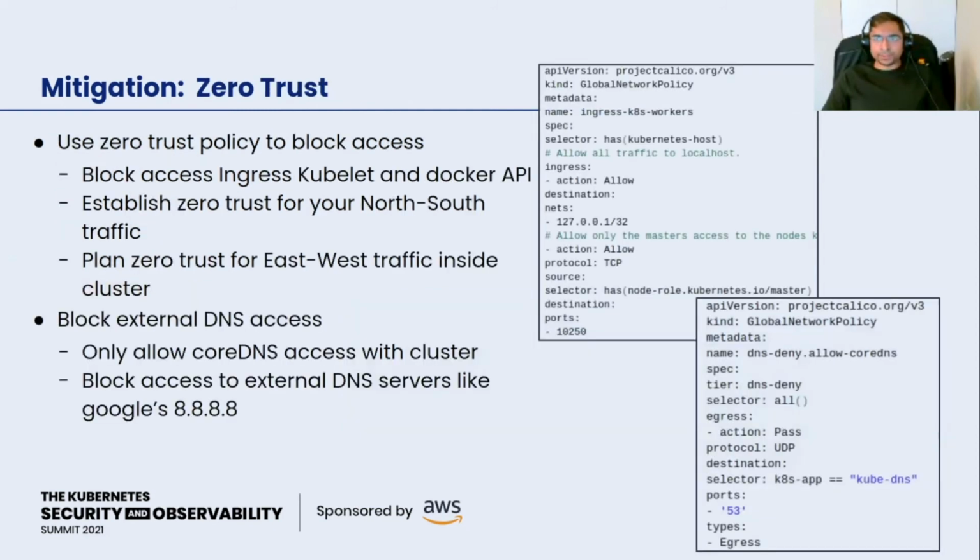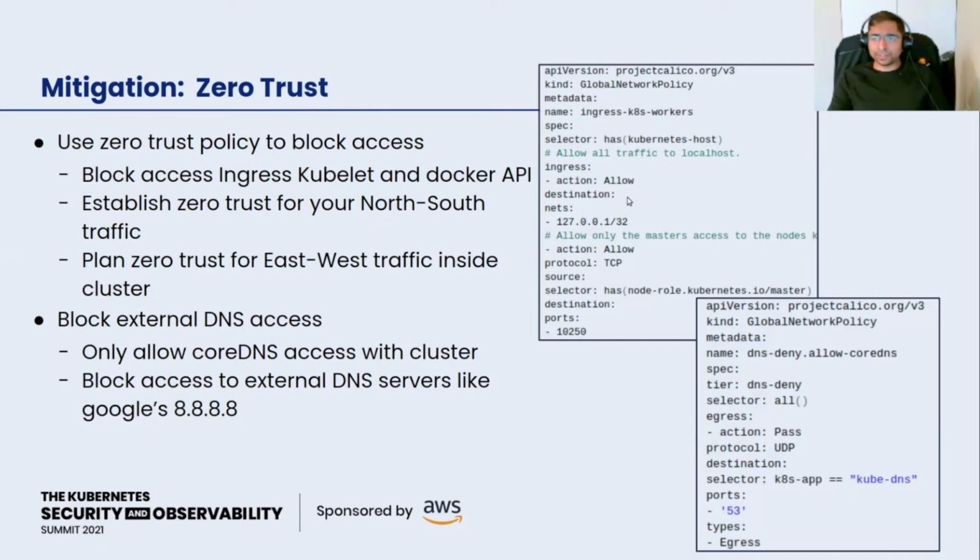Next is zero trust. It is really important that whenever you are configuring all this cloud functionality, you don't expose your APIs to the internet as north-south traffic. You should be really filtering your north-south traffic. And also, you should be planning to implement east-west policy as well. Because attackers, once they compromise, the first thing they will do is move laterally, and east-west policy can really help here.